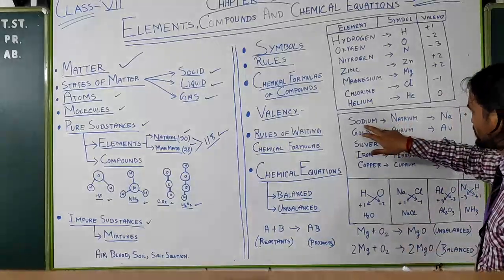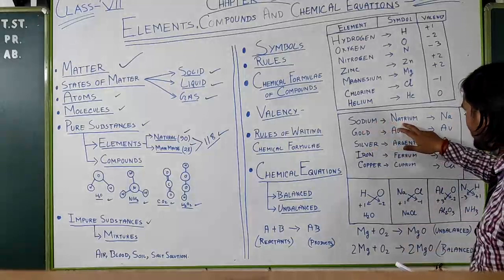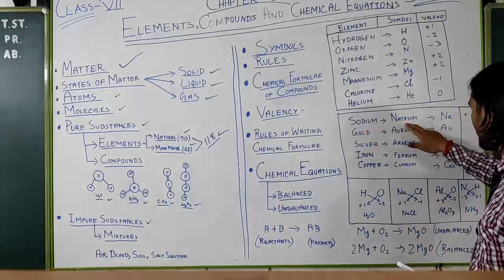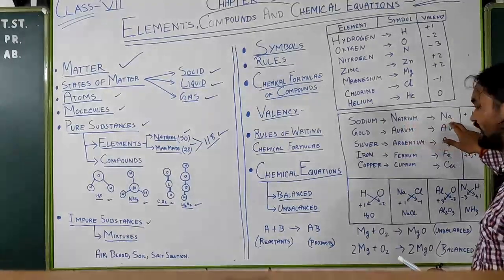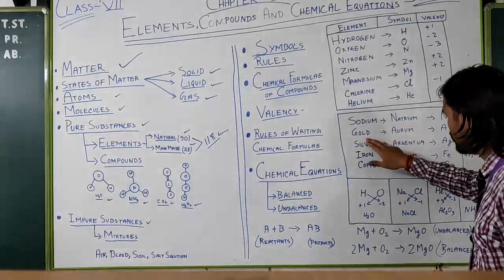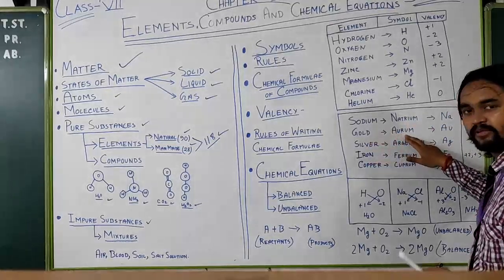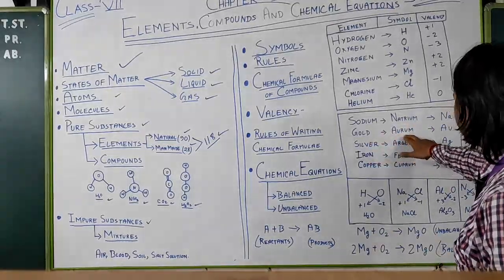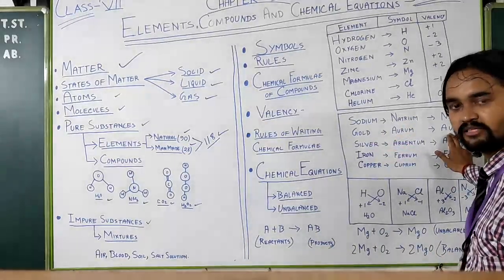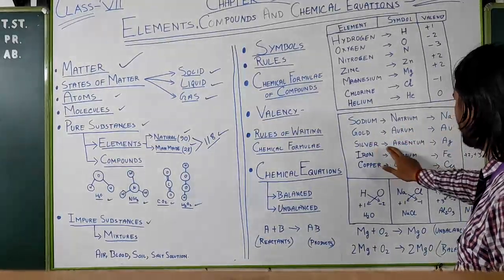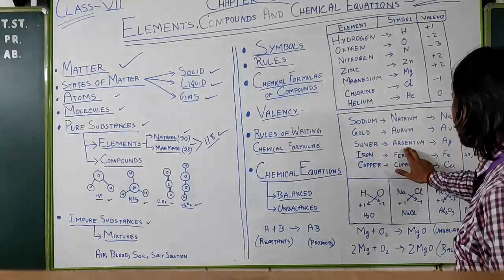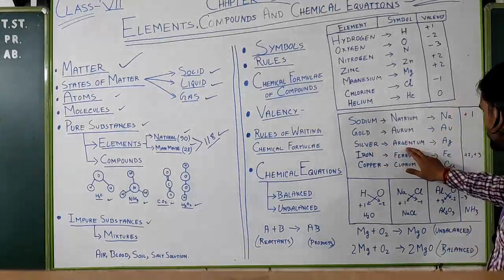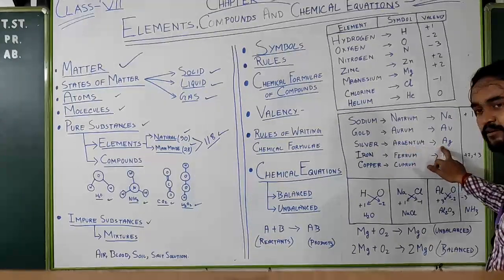That means for sodium we use the Latin name, that is natrium, and the symbol is Na. For gold we use aurum, the Latin name, and Au is the symbol. For silver we use the Latin name argentum, and for argentum we use Ag.